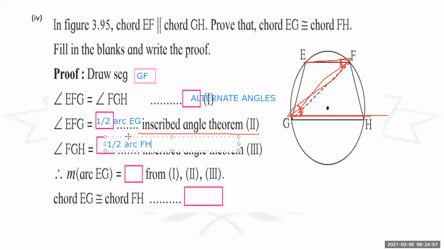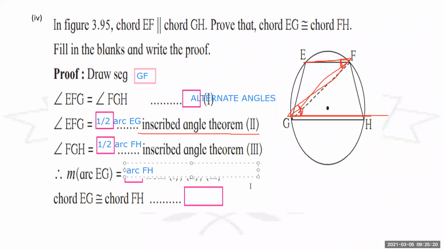Is this clear? Now, from 1, 2, and 3, what will you get? Arc EG equals what? Measure of arc FH.